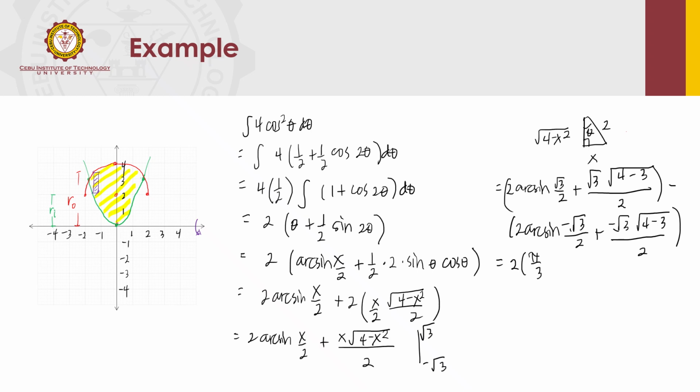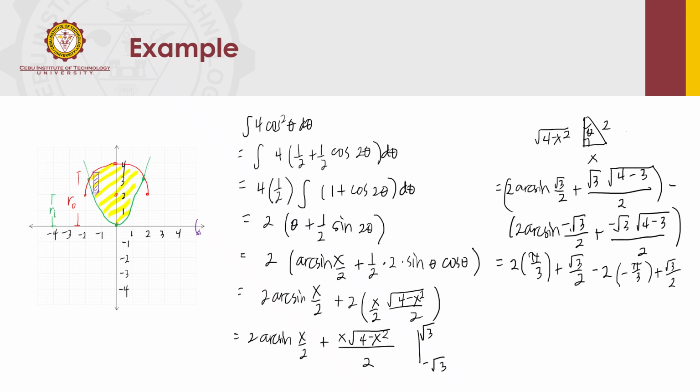And then plus square root of 3 over 2, minus 2 times arcsine of negative square root of 3 over 2. So it's negative 60 degrees, negative pi over 3, and then this becomes plus square root of 3 over 2.